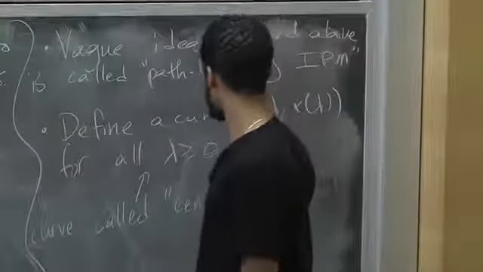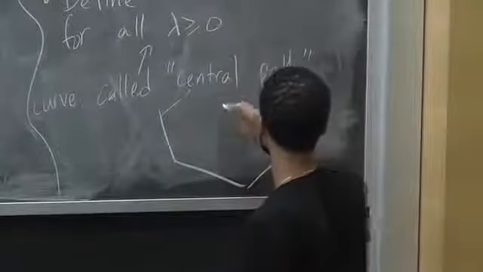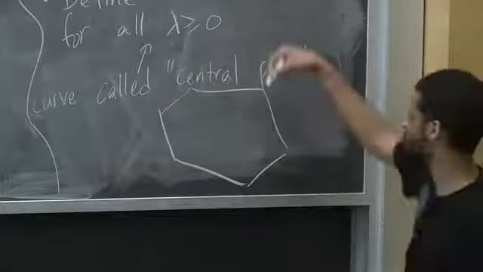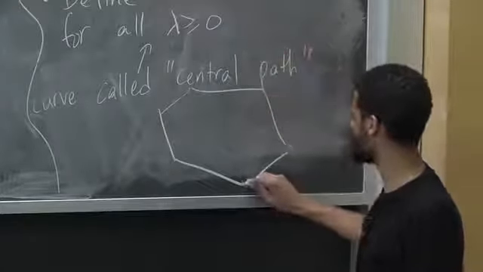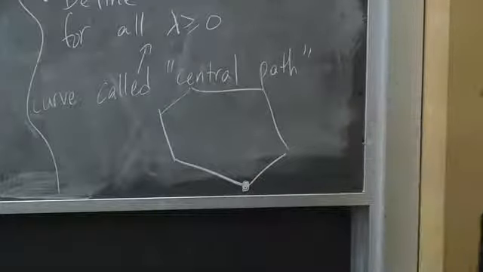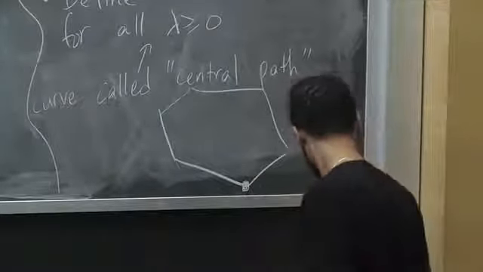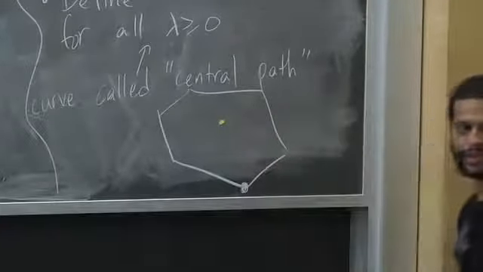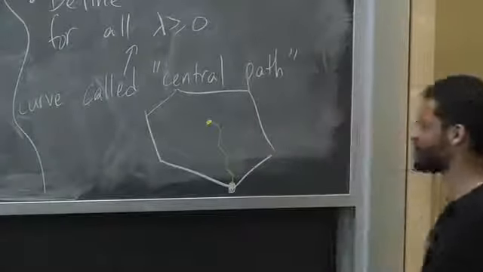But let me draw some kind of picture. I'm not great at pictures, but let's say this is the feasible region. And let's say we're trying to minimize, let's say gravity, the cost function points upward and we're trying to minimize it, so this is the optimal vertex. The analytic center is somewhere, I don't know exactly where it is in this picture, but let's say it's here. And there's some curve that goes from there to the optimal vertex.